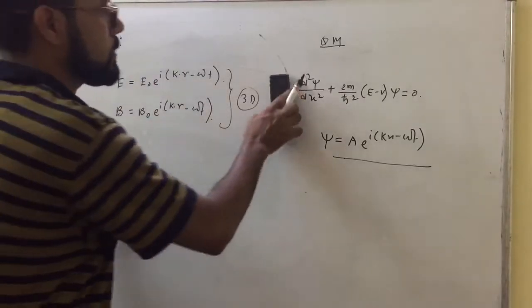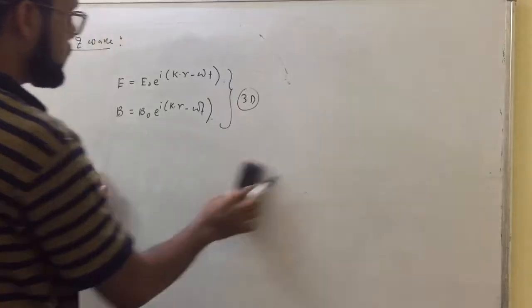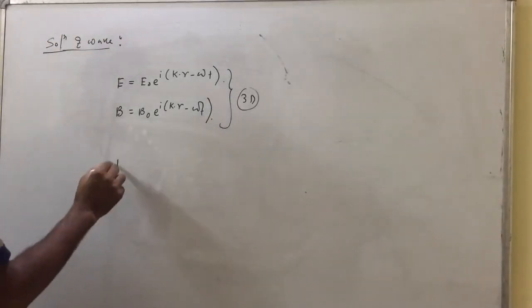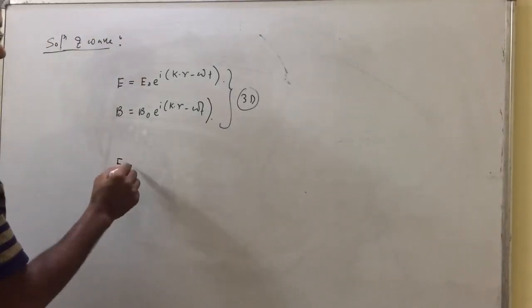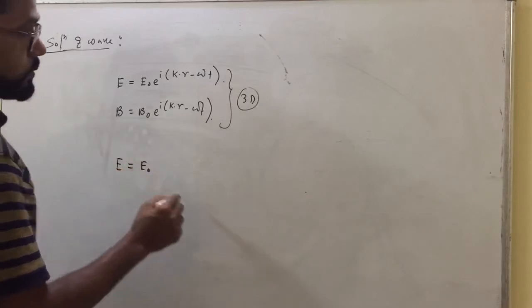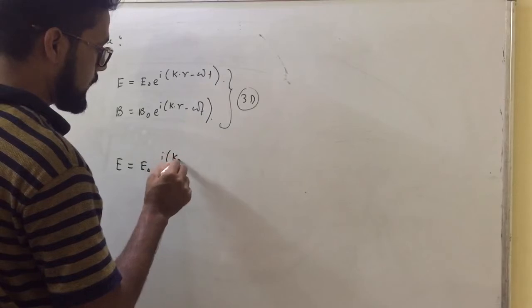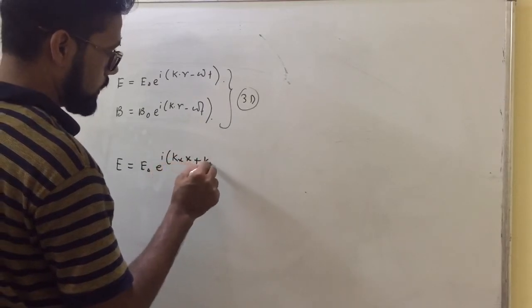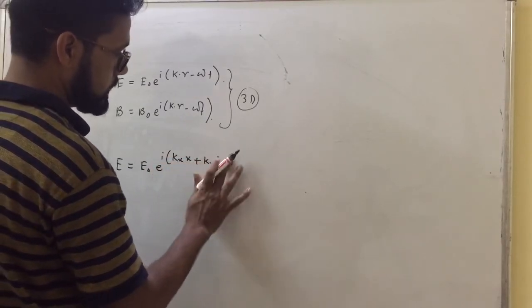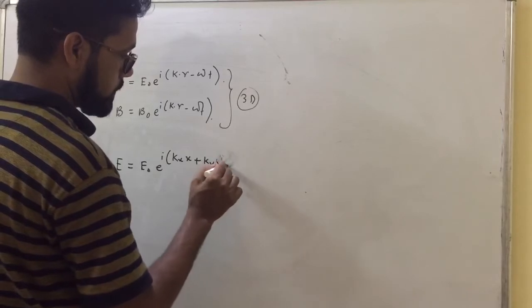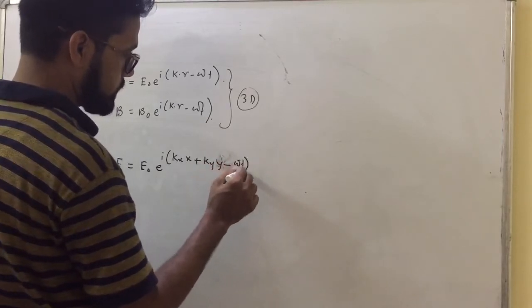Okay, this is the three-dimensional solution. If I write the two-dimensional solution, I can expand it like this: kx x plus ky y minus omega t.